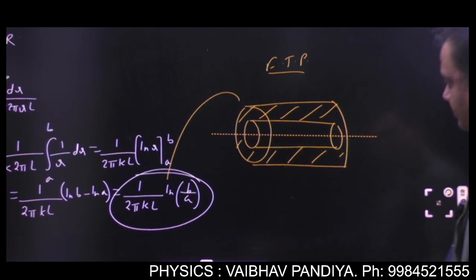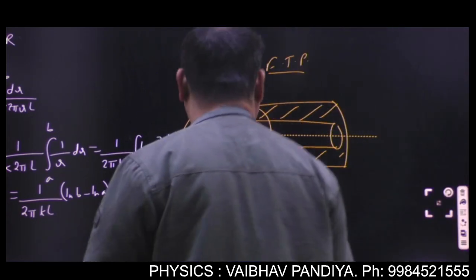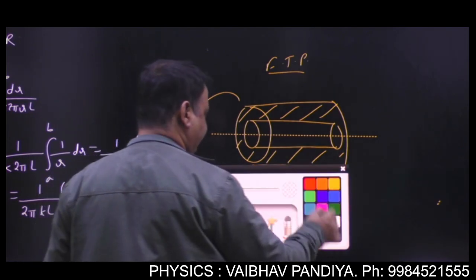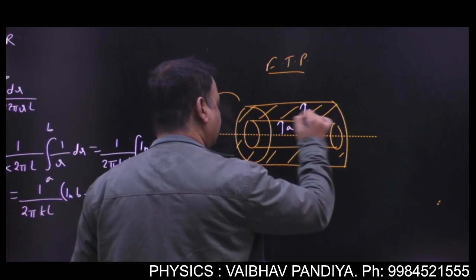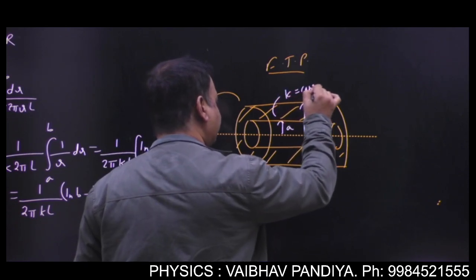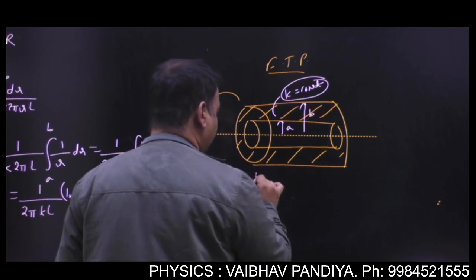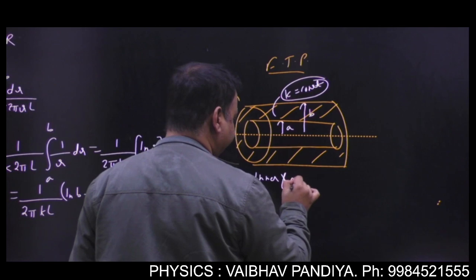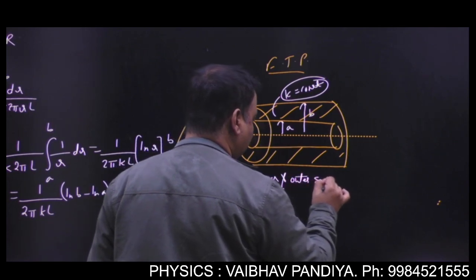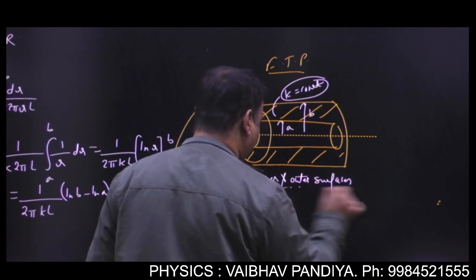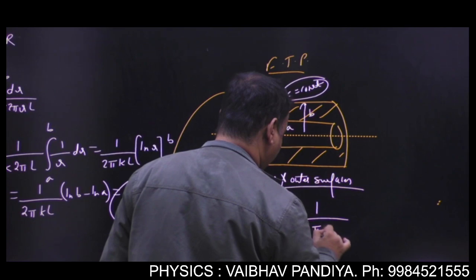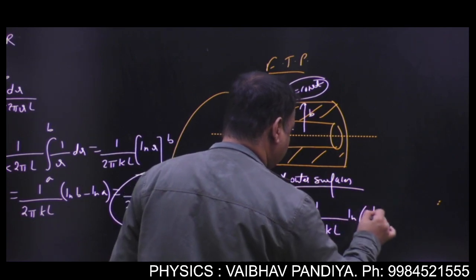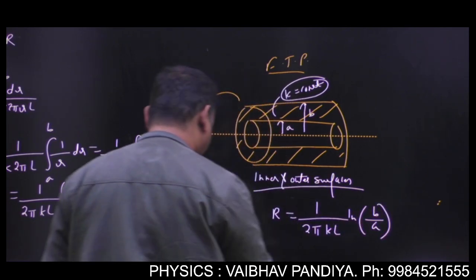If the examiner wants to check more of your conceptual clarity, K may also be given as a function of R. So in that case, K won't come out of the integral and this formula will not be applicable. So if K is constant for the material, not changing with R, between inner and outer surfaces, your resistance is 1 by 2 pi KL ln B divided by A. Got it?